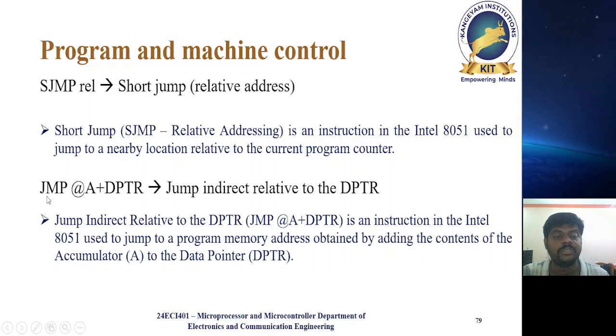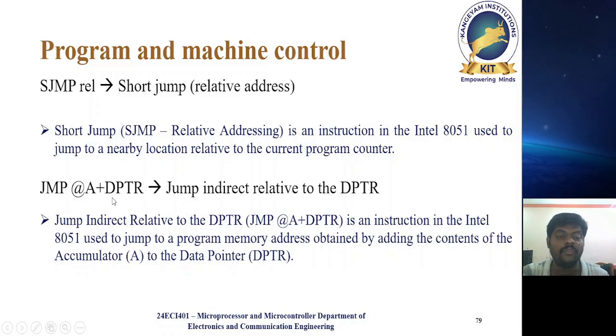Another instruction is jump, here it is jump on A plus DPTR. That means the memory location where the control has to be transferred will be calculated from these two registers. The value in DPTR and the value in the A register will be added.